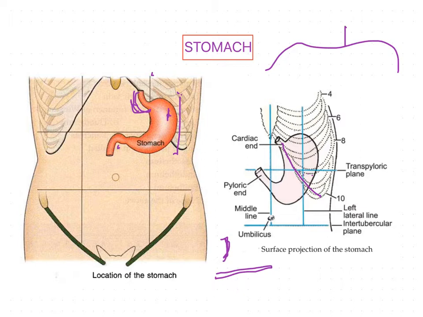So these are the features of where the stomach is located, its shape and position, and its size and capacity.